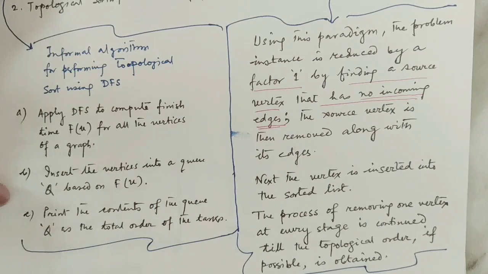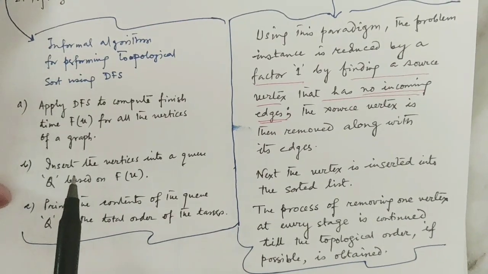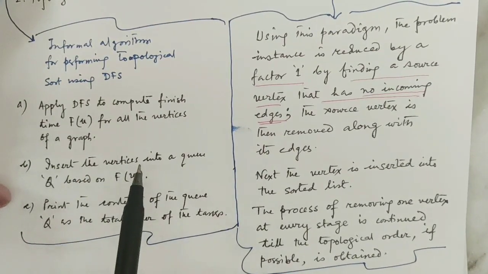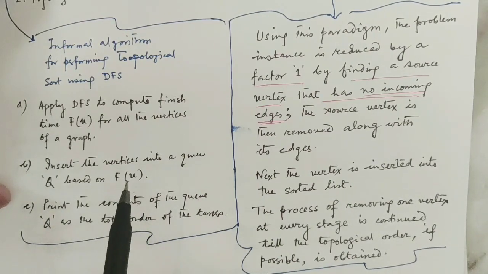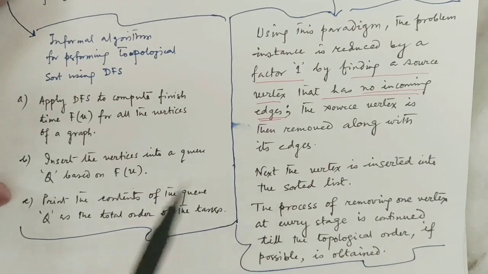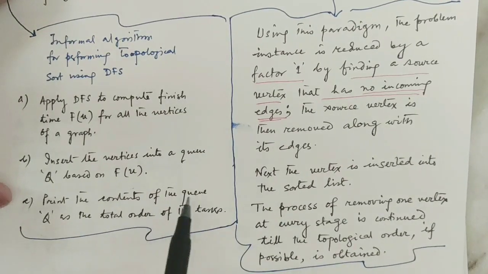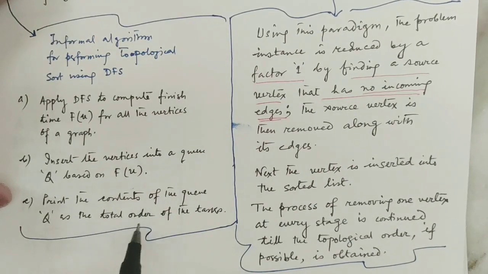So my advice for all the readers is to go through DFS in detail for the first point. That means you have to apply DFS to compute finish time for all the vertices of a graph. Fine. Then the second step is to insert the vertices into a queue, suppose it is capital Q, based on the finishing time of the vertex. Okay. And print the contents of the queue as the total order of the tasks.